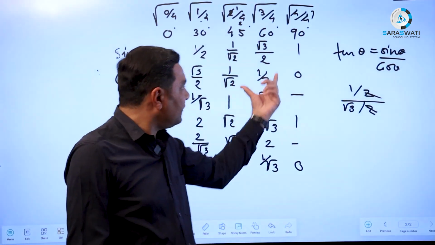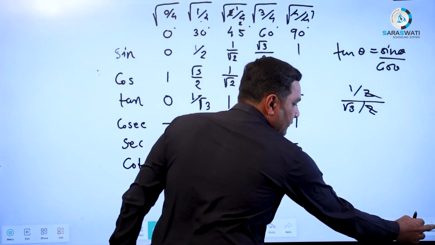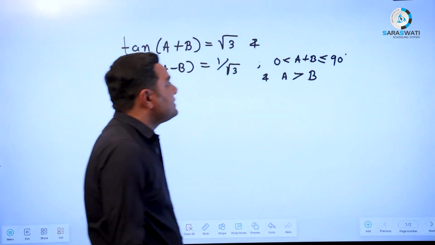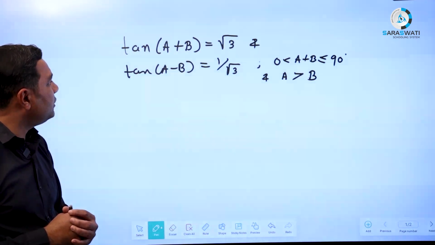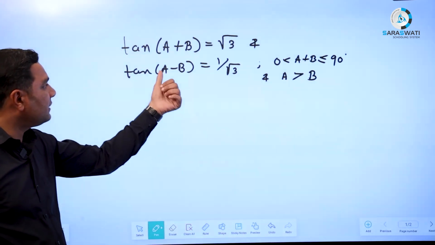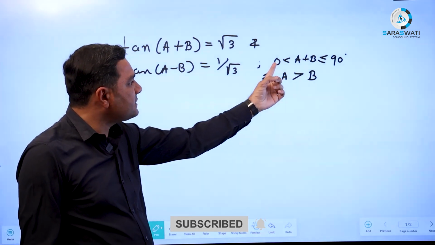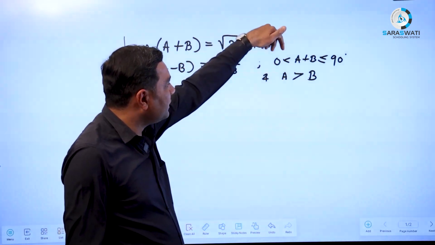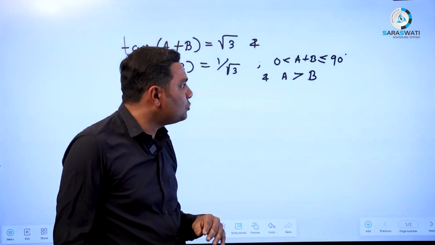So with this reference we will discuss one very important question which is frequently asked in our examination. You have two values given: tan(A plus B) is root 3 and tan(A minus B) is 1 by root 3, with the condition that 0 is less than A plus B is less than or equal to 90 degrees.